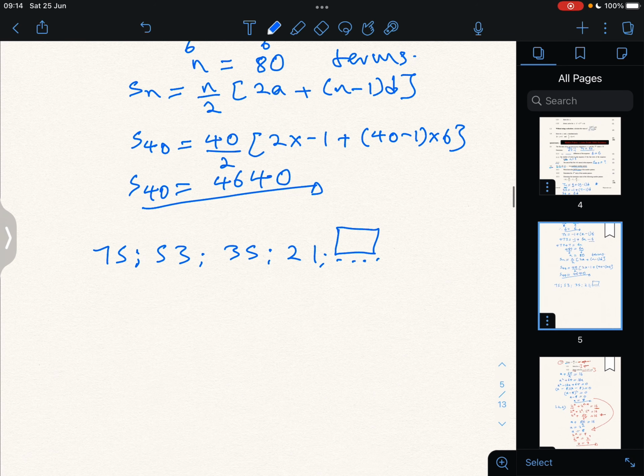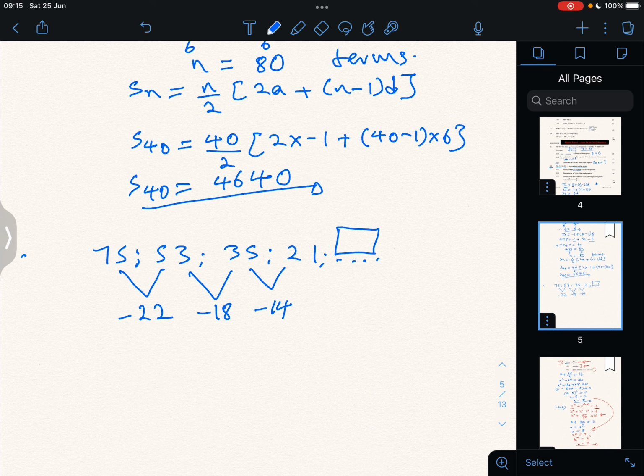So let's do the differences. 53 minus 75 gives us negative 22. 35 minus 53 gives us negative 18. 21 minus 35 gives us negative 14.